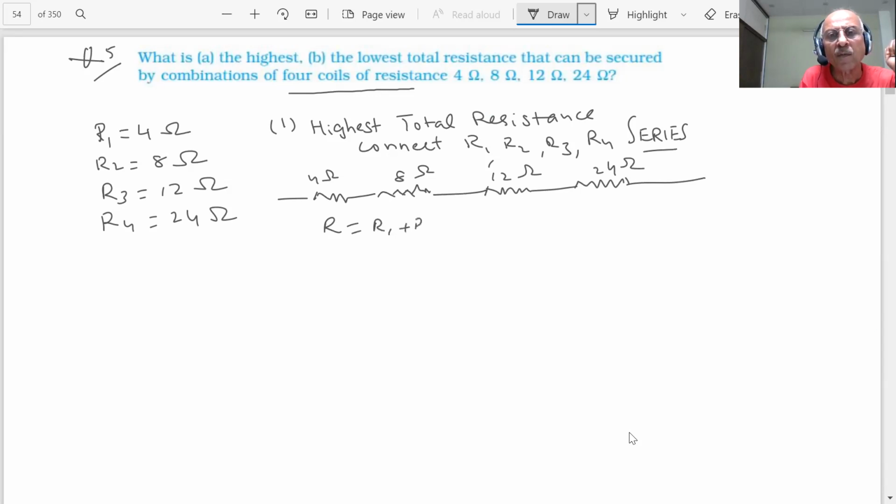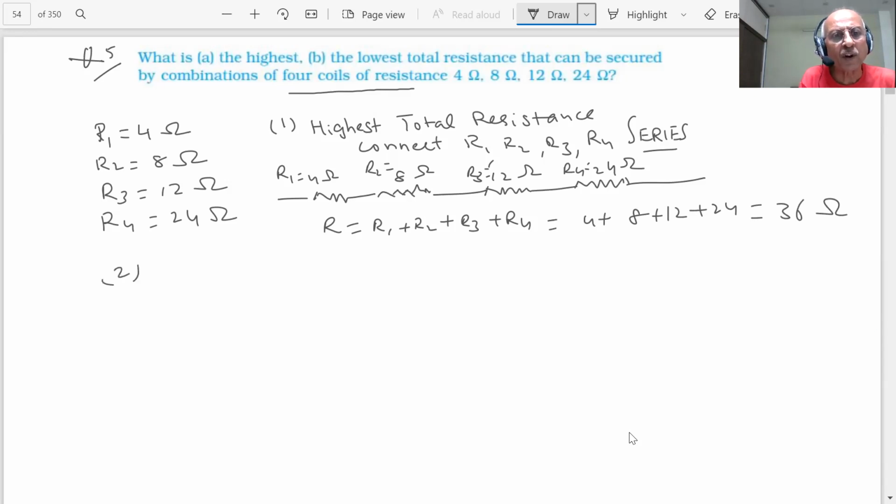R1 plus R2 plus R3 plus R4, student. What is the answer coming? 4 plus 8 plus 12 plus 24. How much is this? Sir, 36 ohms. This is the highest value I can get.